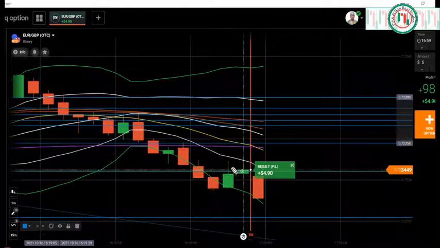So this is 2-bar retracement candle. Market is not reversing at this level, so that's why it's good to get good entry point. You see this candle is very weak, so if I didn't wait for good entry point, I would have lost this trade.